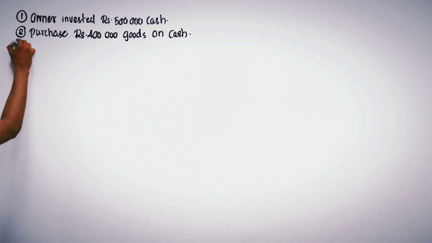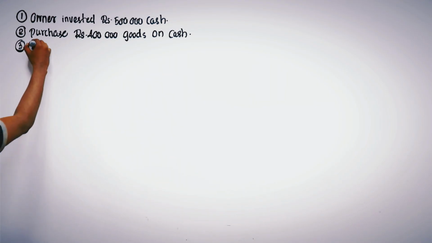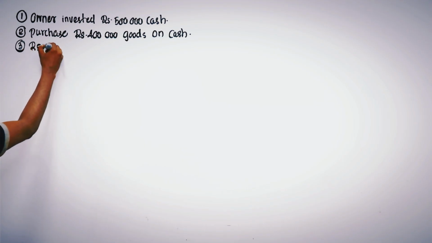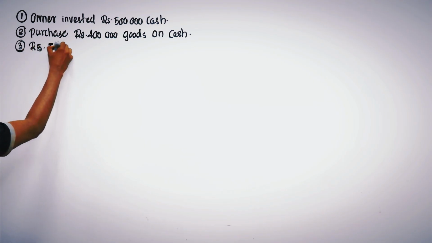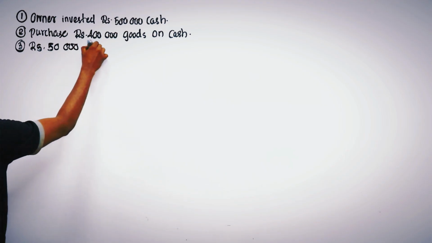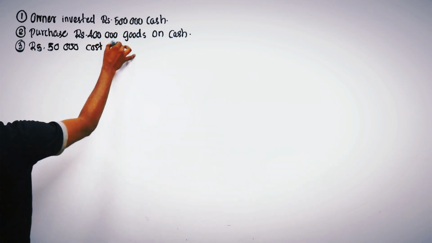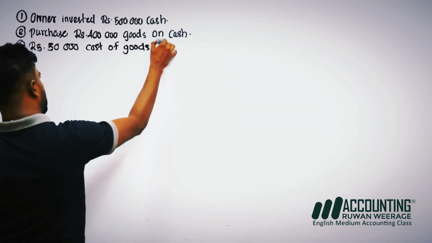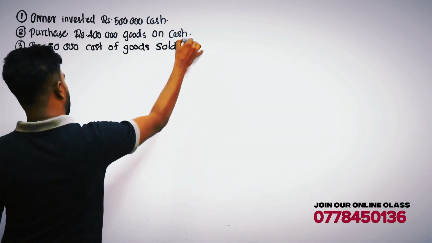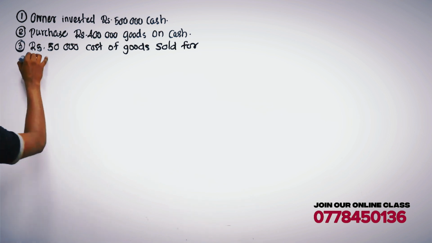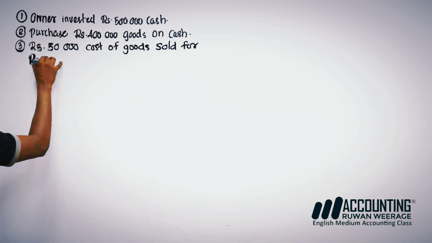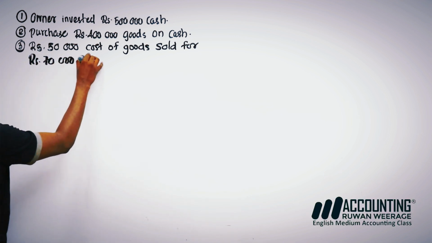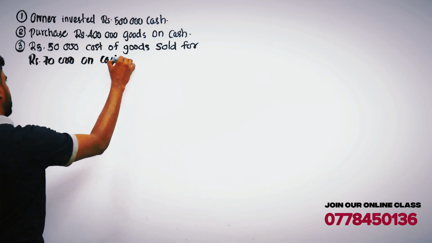Third one, 50,000 cost of goods sold for 70,000 on cash basis.